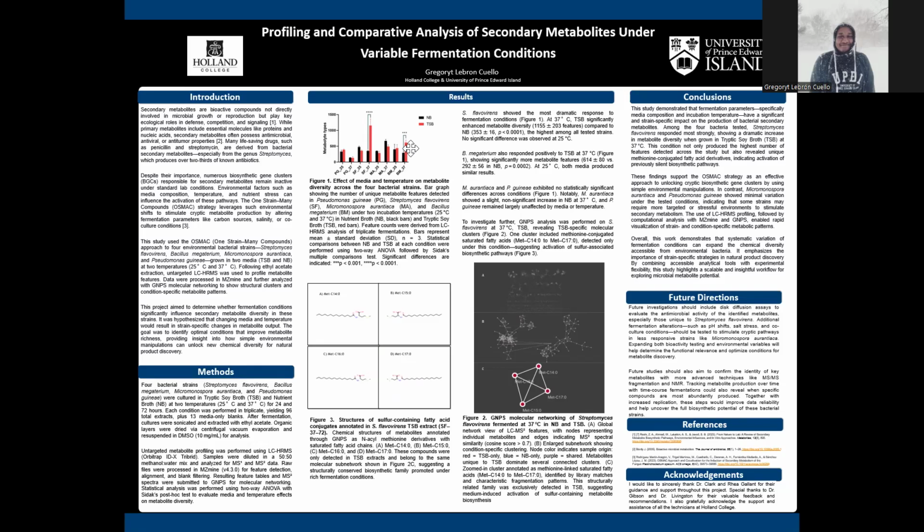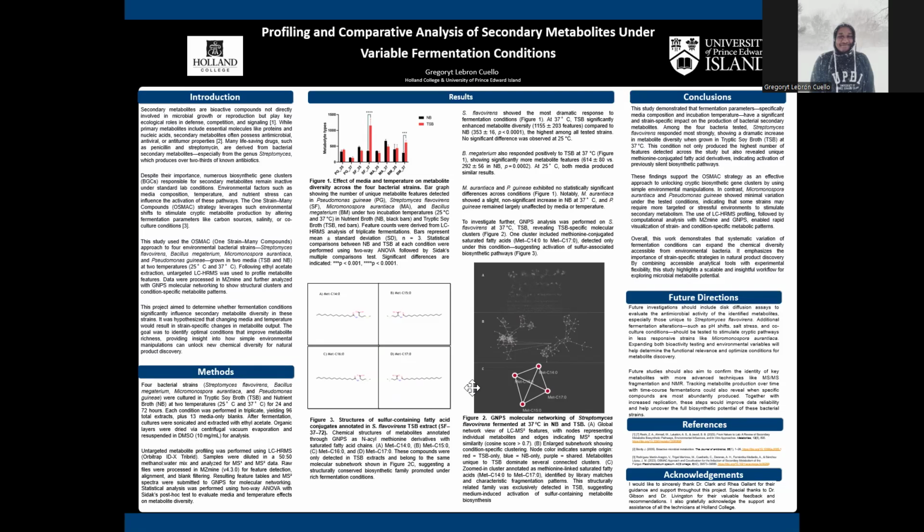Next was Bacillus megaterium, which also showed significantly more features in tryptic soy broth at 37 Celsius. Meanwhile, Micromonospora and Pseudomonas showed little to no change across conditions, suggesting that they may require more targeted stress conditions like iron limitation or co-culture.